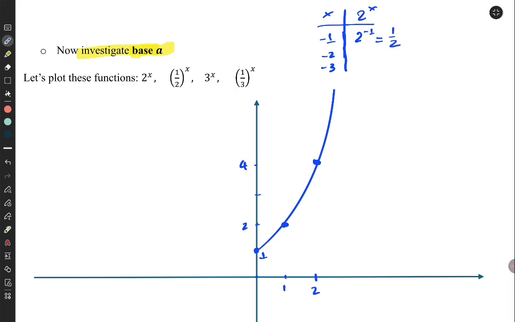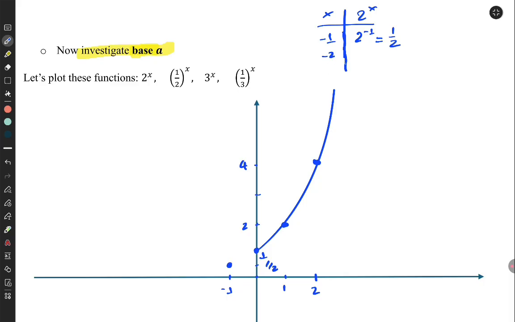So when x equals negative 1, the function is a half. So negative 1 and a half is right there.